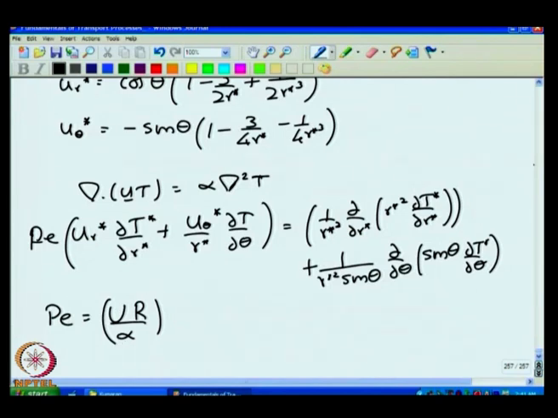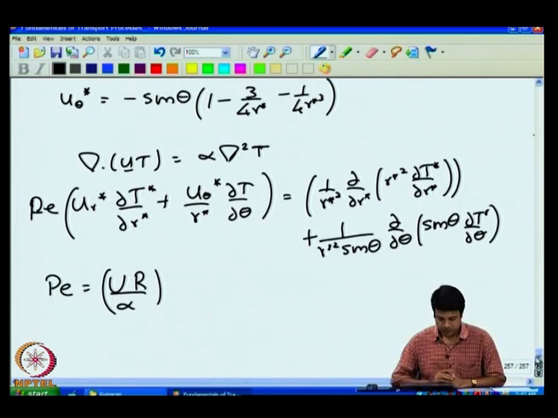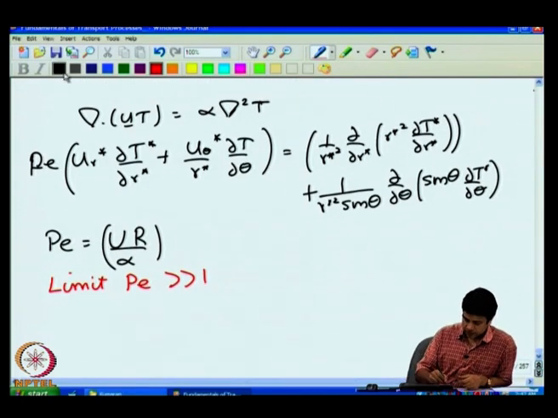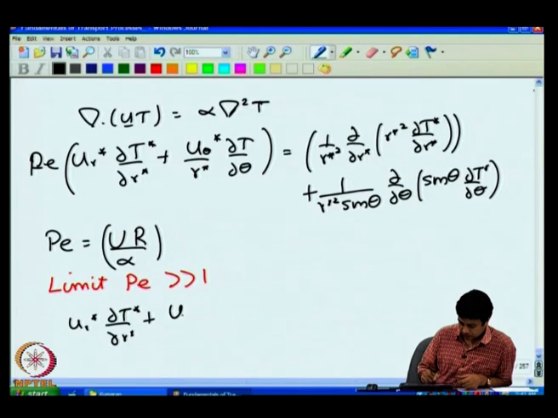Now, in this equation, if we take the limit of Peclet number becoming large compared to 1, the equation just becomes u r dT by dr plus u theta by r dT by d theta is equal to 0.